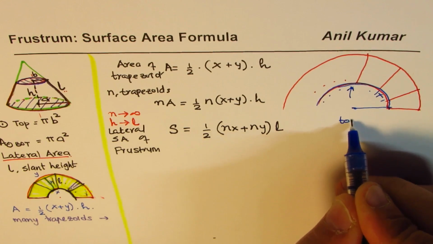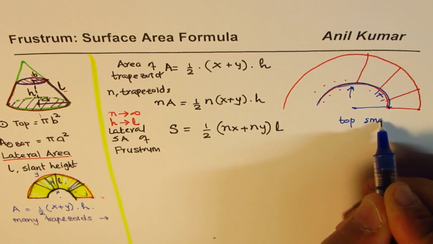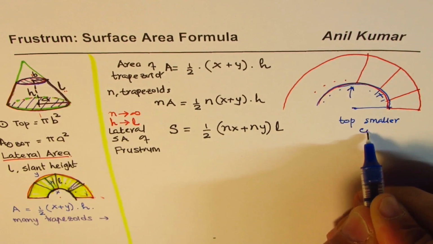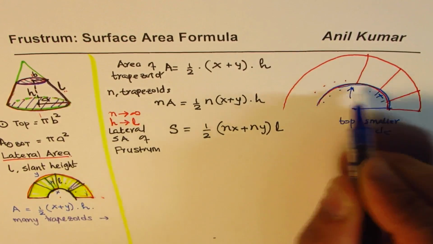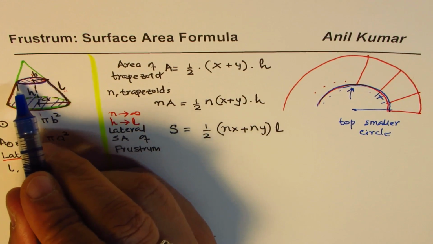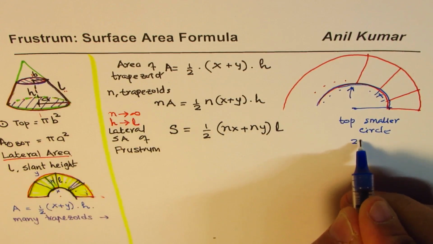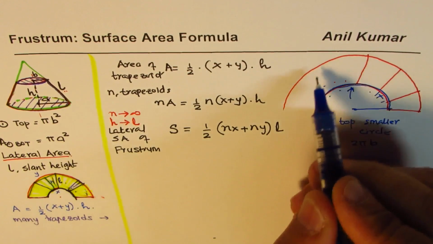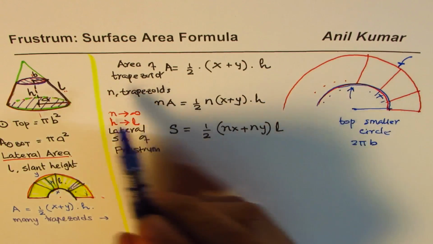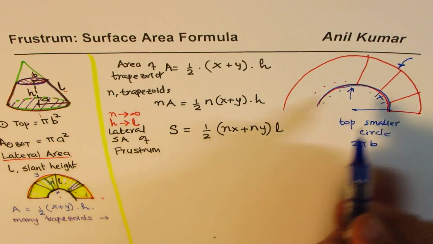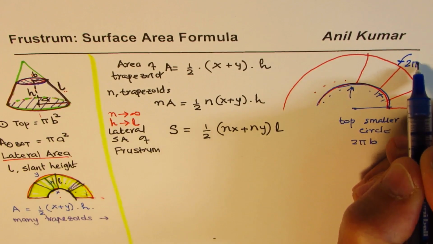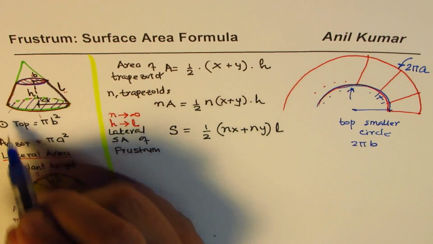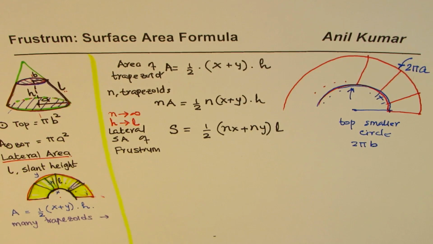smaller circle, whose circumference is 2 pi r, which is 2 pi b. Do you see that? And the bigger one is the bottom circle, so this side is 2 pi a. Do you understand? So that is how they are.